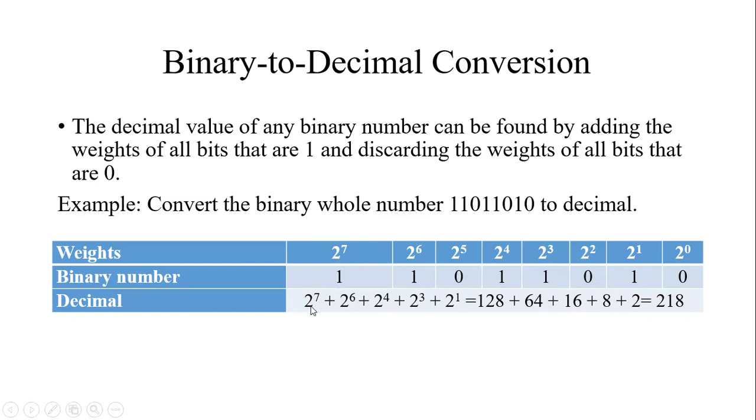So we add these weights where there are 1s: 2 raised to power 7 plus 2 raised to power 6 plus 2 raised to power 4 plus 2 raised to power 3 plus 2 raised to power 1. 2 raised to power 7 is 128, 2 raised to power 6 is 64, 2 raised to power 4 is 16, 2 raised to power 3 is 8, and 2 raised to power 1 is 2. So this is equal to 218 in decimal, the corresponding decimal number.